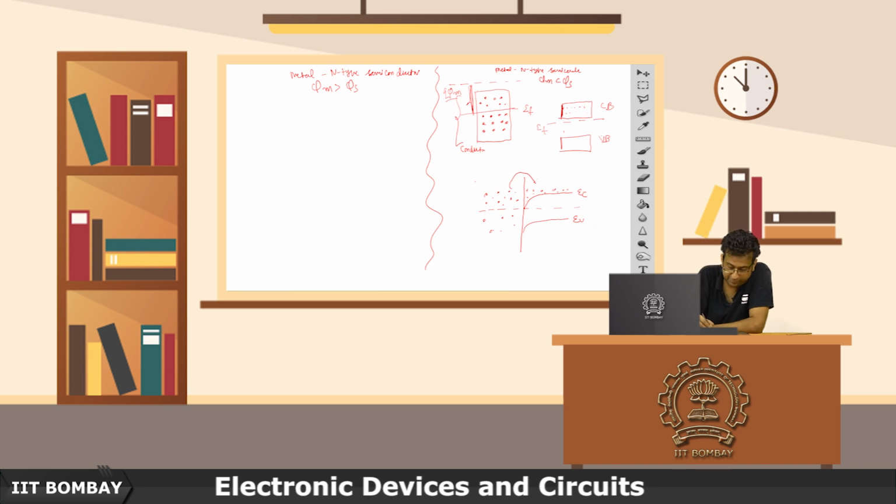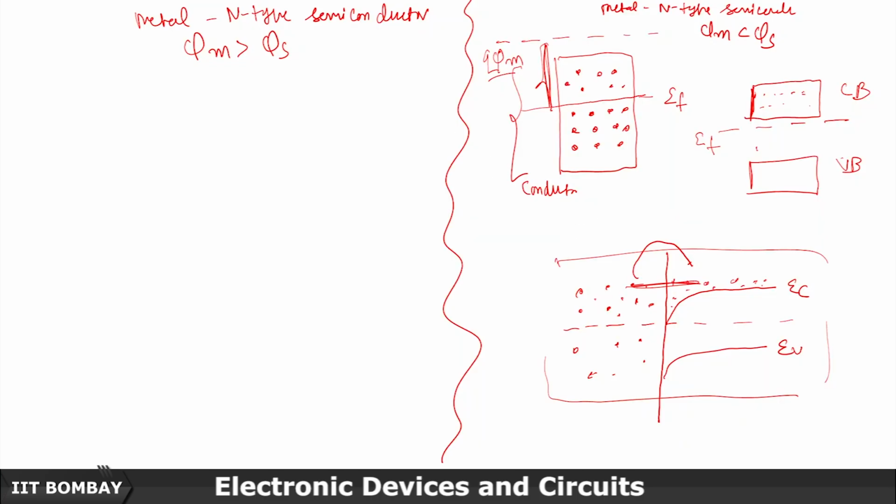So if you see this picture, it is very obvious that there is a possibility of propagation of electrons from metal to semiconductor and semiconductor to metal. Now let's consider the case of metal to n-type semiconductor where phi m is larger than phi s. So what happens here, that same metal is same without any change. This is EF.